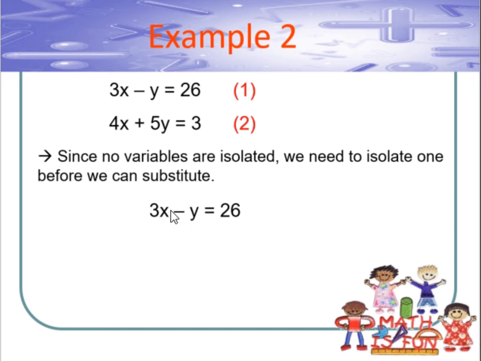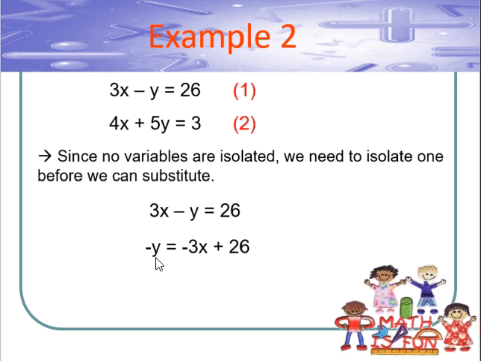So, para mangyari ito, yung 3x, ililipat natin sa kanan ng equal sign by addition property of equality. Ang mangyayari sa equation 1 ay negative y is equal to negative 3x plus 26. Yung positive 3x, nilipat natin, kaya siya naging negative 3x.